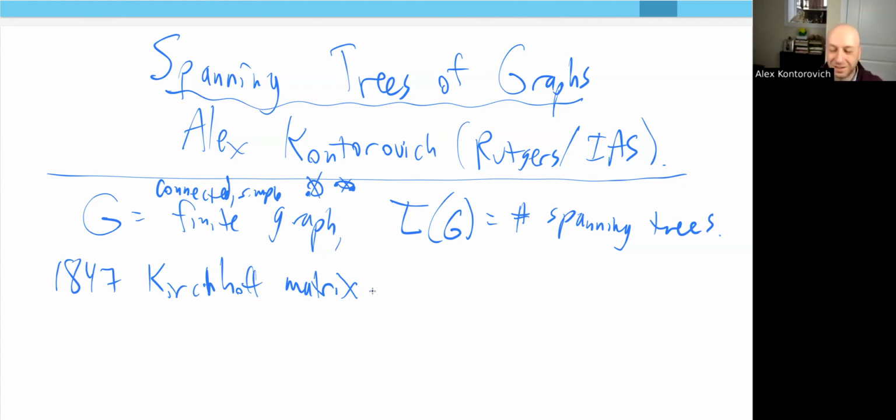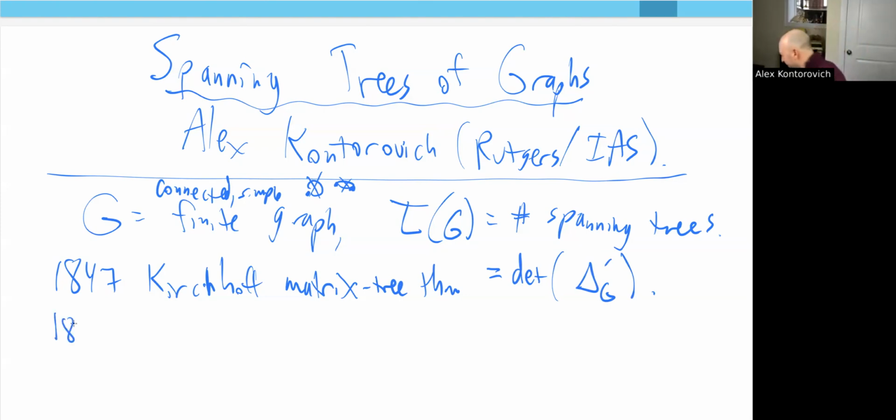And he realized that there was a Laplacian, a spectral mechanism by which you could calculate this. So this is the matrix tree theorem: I give you some complicated graph, how are you supposed to get your hands on tau of G, the number of spanning trees? It's actually pretty easy to compute. It's just the determinant of a minor of the graph Laplacian.